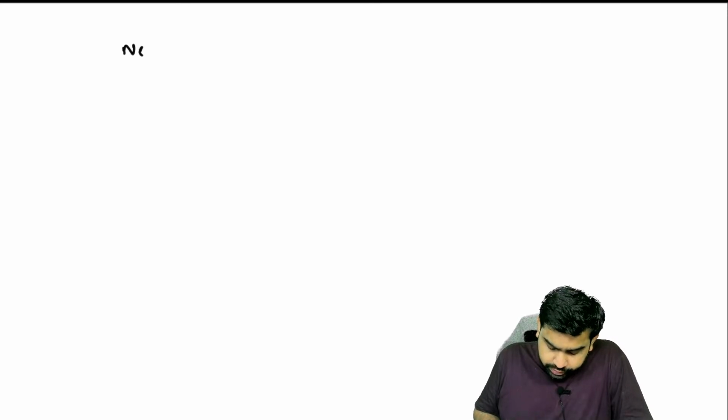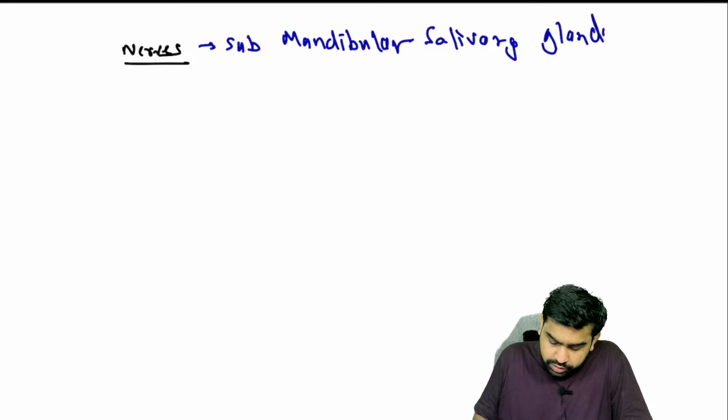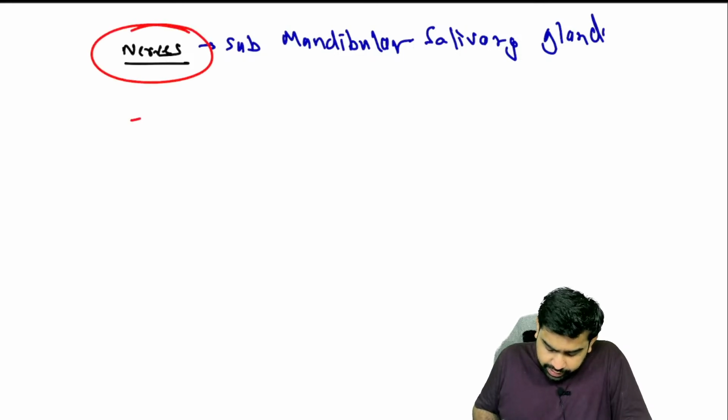Now the important thing which you need to understand over here is that the submandibular salivary gland is associated with certain nerves. What are the nerves which are associated with this submandibular salivary gland? Obviously, we have the lingual nerve.